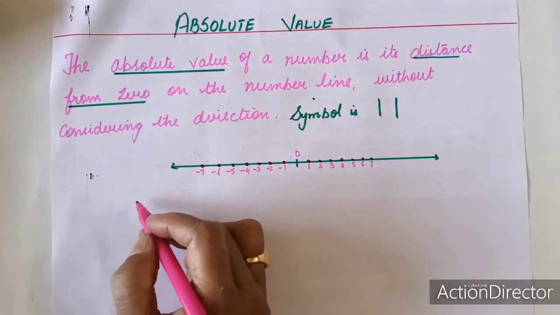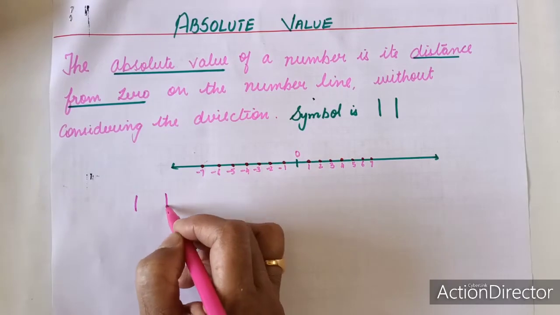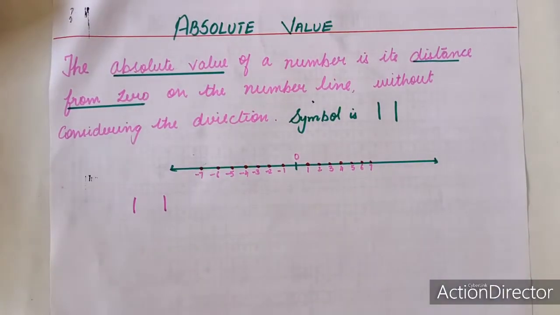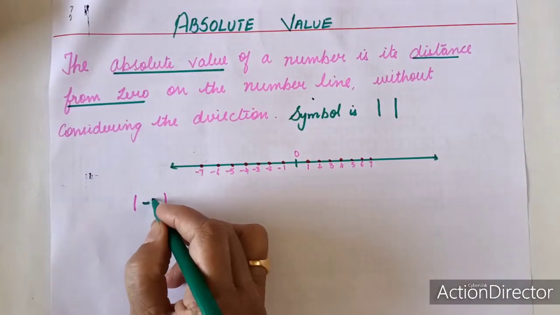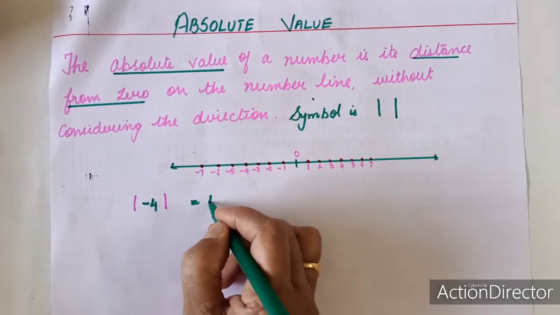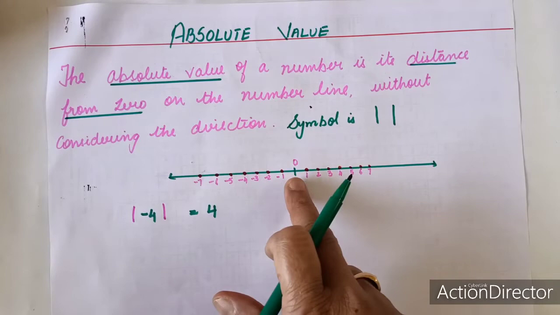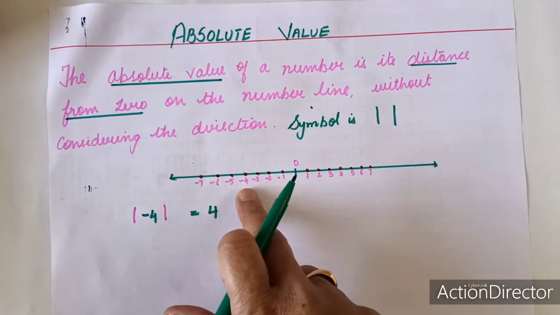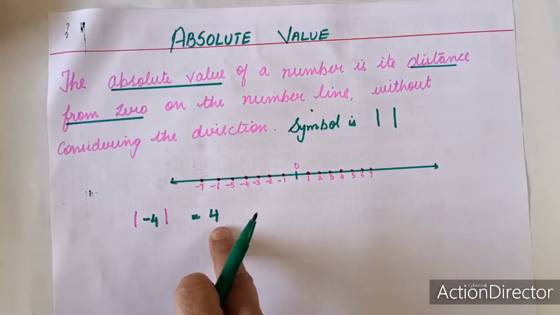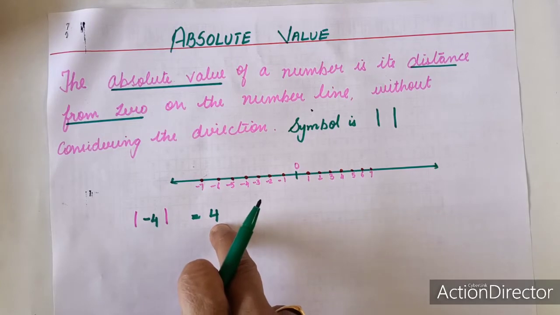So this is the symbol for absolute value. Absolute value of minus 4 is equal to 4. Why is it equal to 4? Because the distance from 0 to minus 4 is 4 units. That is called absolute value.